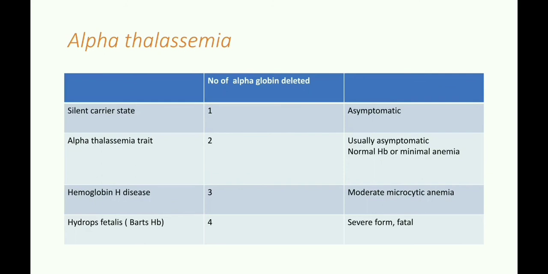When all 4 alleles are affected, the condition is Bart's hemoglobin, and this is a very severe condition, almost fatal. Hydrops fetalis can occur in such patients, and mostly they will have intrauterine death. It is a very severe form such that it is fatal.